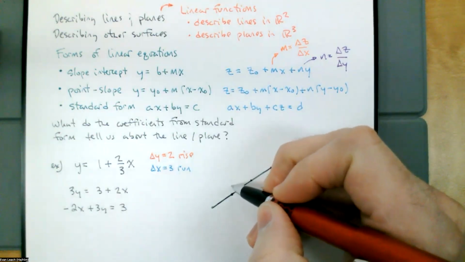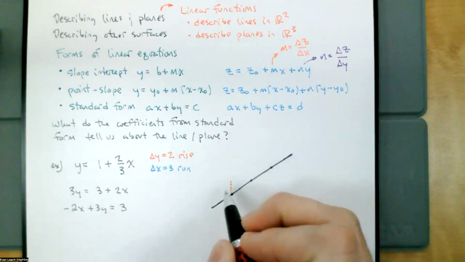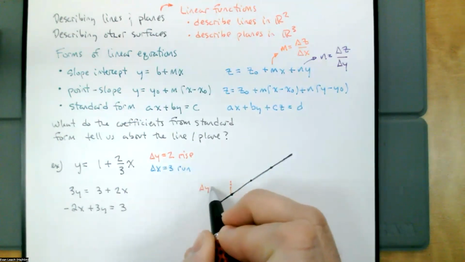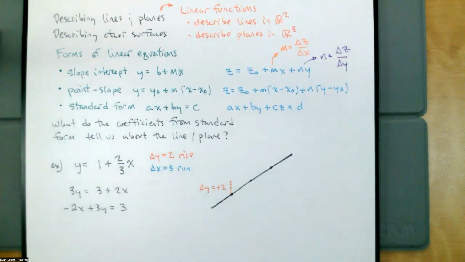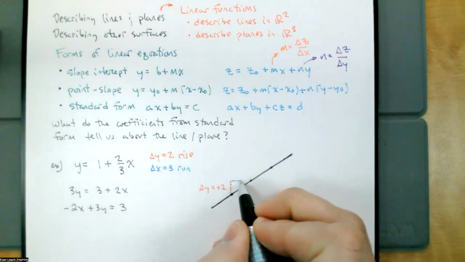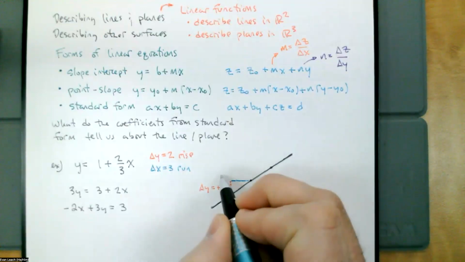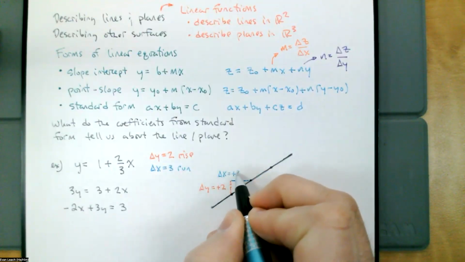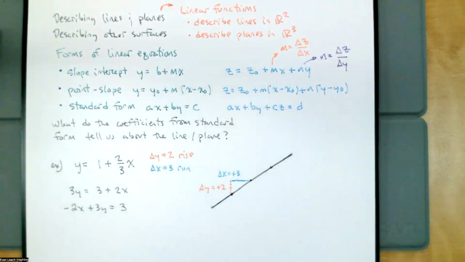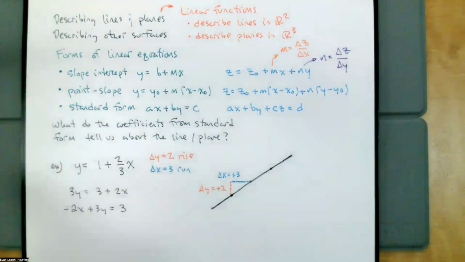See, we had a plus 2 rise. Plus 3 rise. So when we write things in standard form, since our slope was a rise over run, and we want to clear out the fractions, the first thing that happens, we notice that the run gets attached to the y, and the rise gets attached to the x.